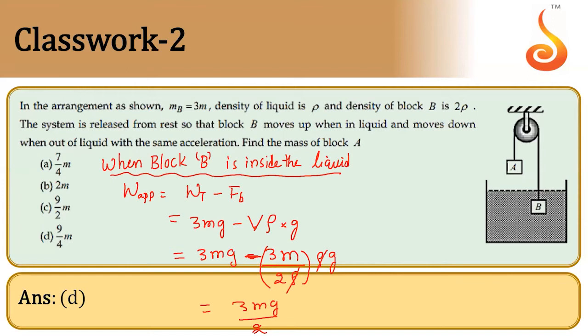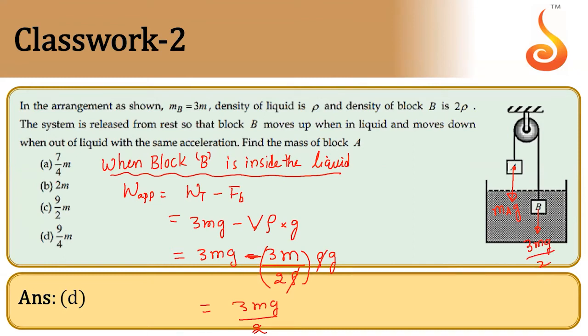Now once we get the apparent weight, what is the net pulling force? See children, in the net pulling force formula, tension will not come. Block A will pull the system leftward. Block B will pull the system rightward with apparent weight, because it is inside the liquid.